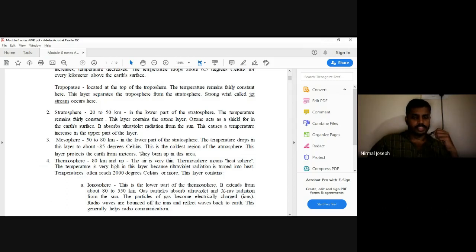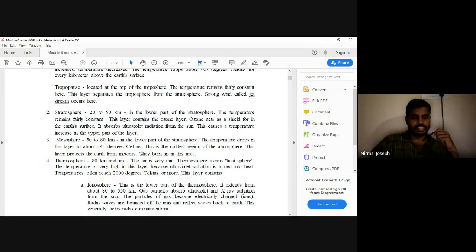They burn up in this area. Like you might have seen meteors, they normally come only up to this region and burn up in the mesosphere. They won't come much deeper into the atmosphere. If they came much deeper, finally they would collide, and that would be the end of everything. So the mesosphere protects us from the meteors.